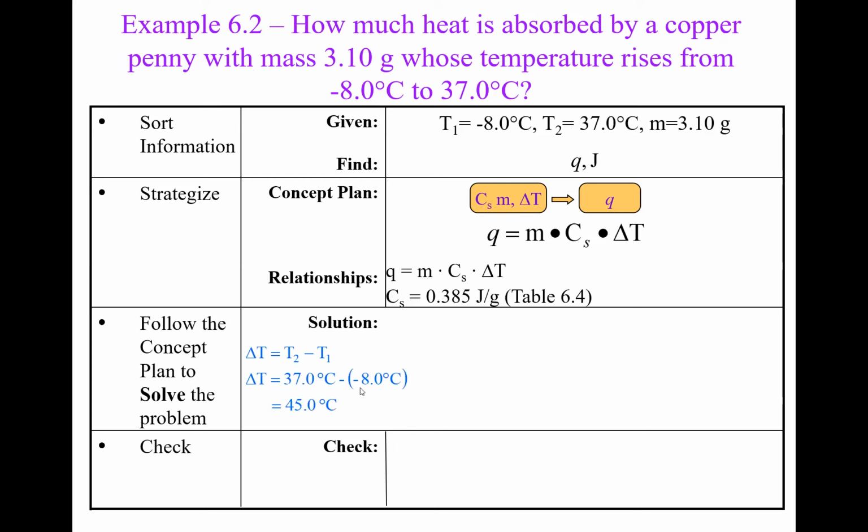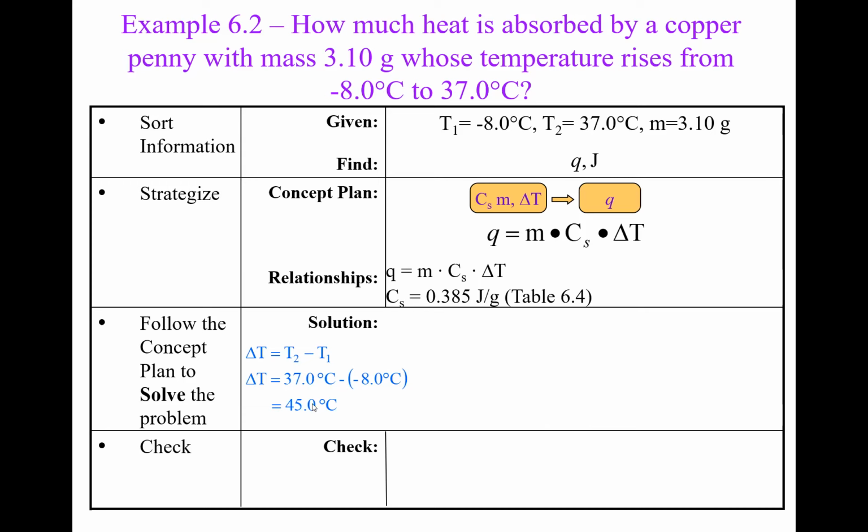So first, our temperature, 37 and -8. This is where the final minus initial gets important. Your final was 37. Rises from -8 to 37. So T2 or TF is 37 minus, and then it's a negative, so really it's adding.